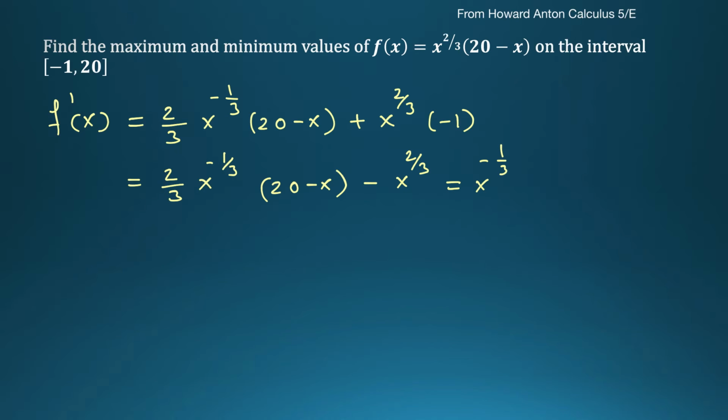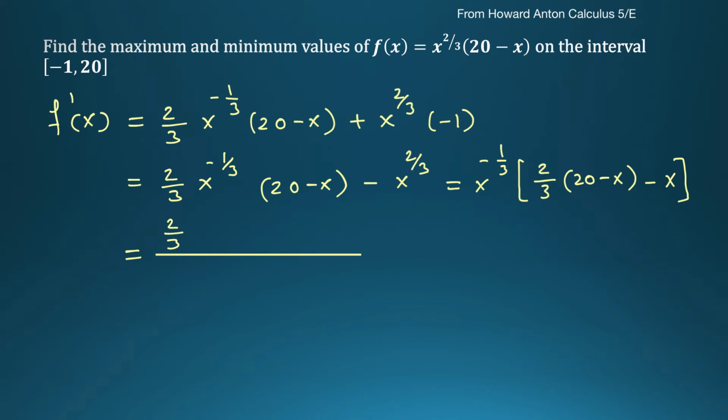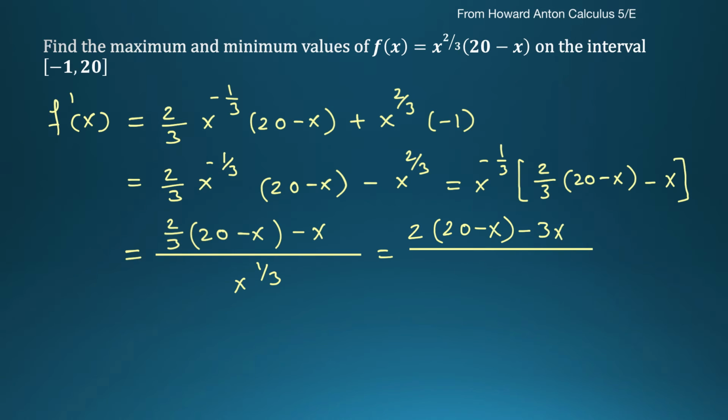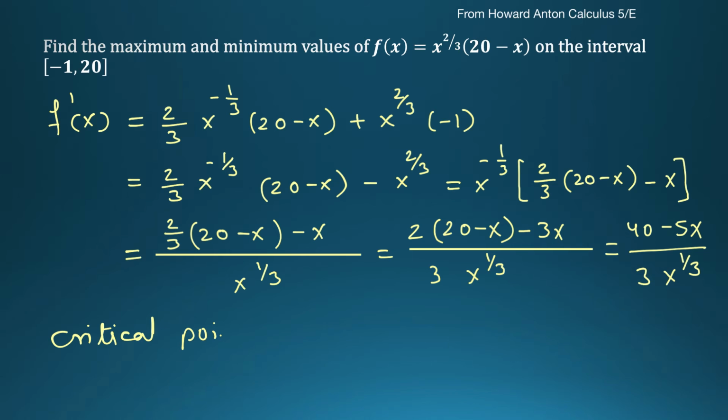Taking x^(-1/3) as a common factor, we have x^(-1/3) times [2/3 times (20 - x) - x]. After simplifying, we have the following. f'(x) = (40 - 5x) / (3 x^(1/3)).